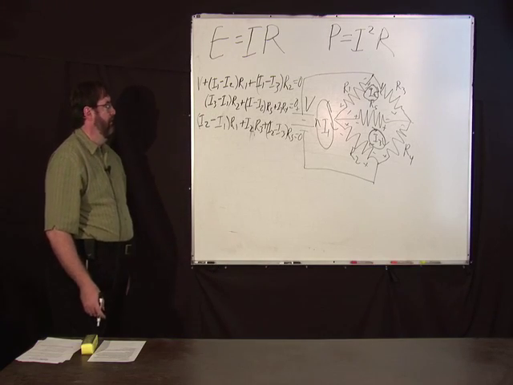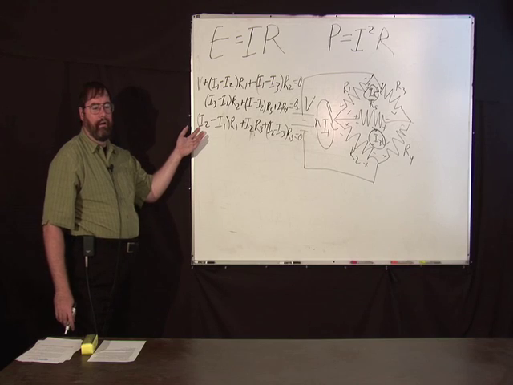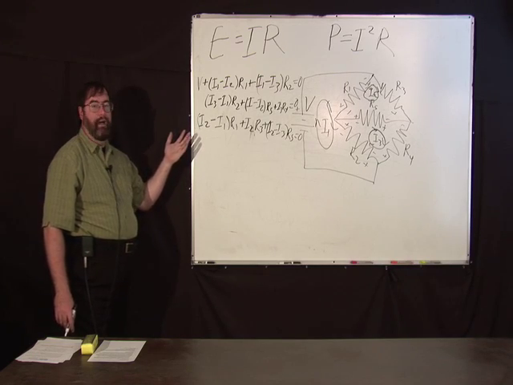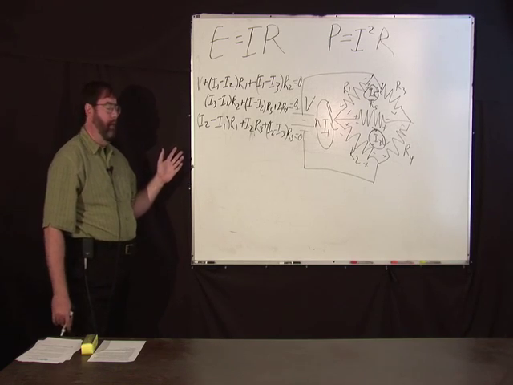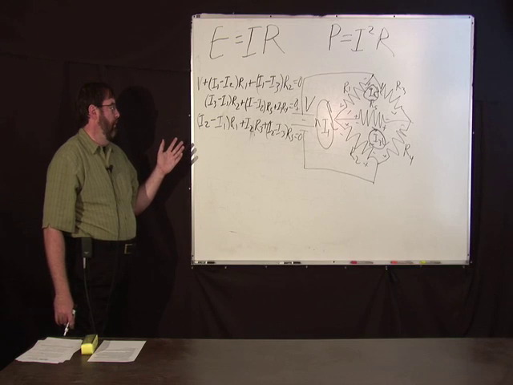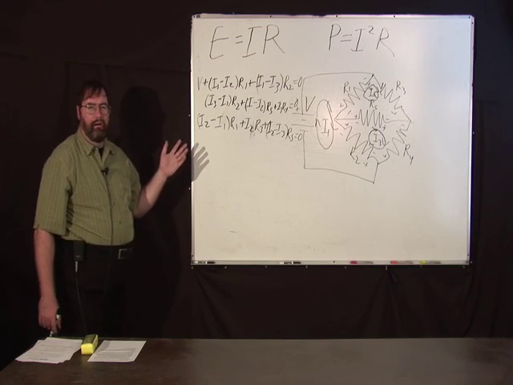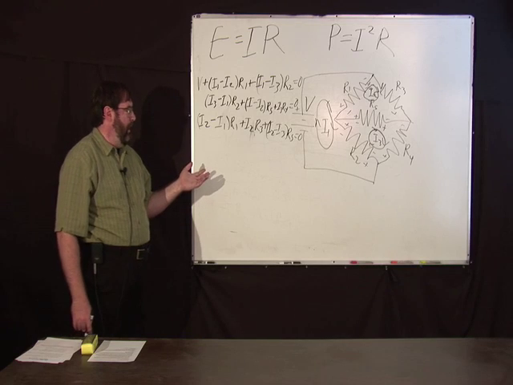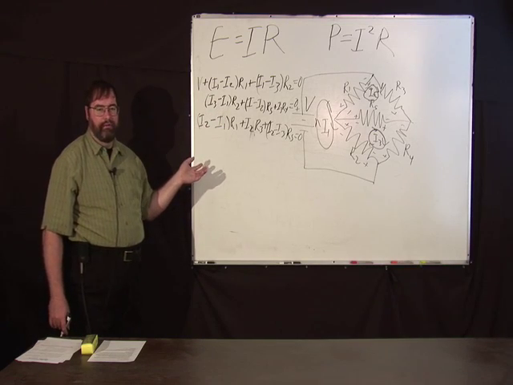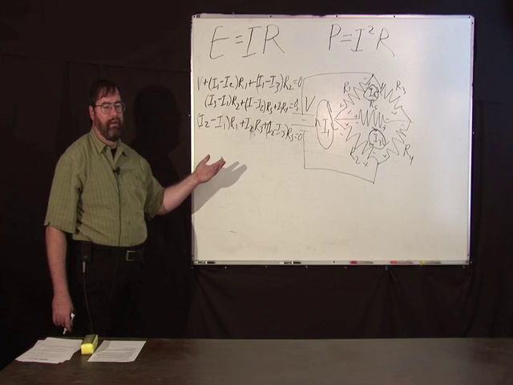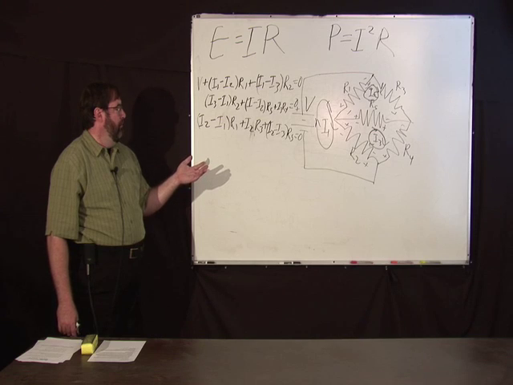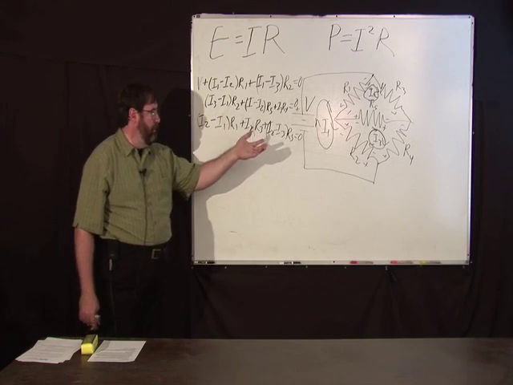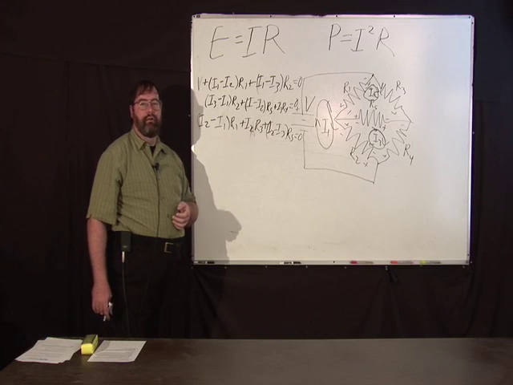We can solve that. You can use any number of mathematical tools like MATLAB or Octave, which is an open source MATLAB clone, or Mathematica, or any number of packages can solve systems of equations, or you can do it manually. 3 by 3 is not too hard to solve manually. But again, you now can solve for all the unknown currents.